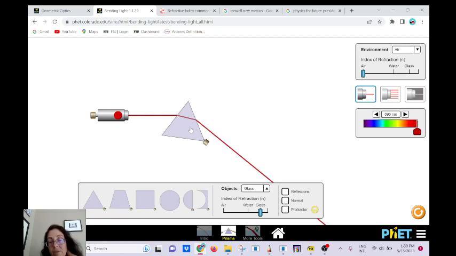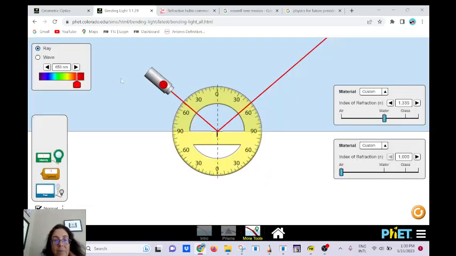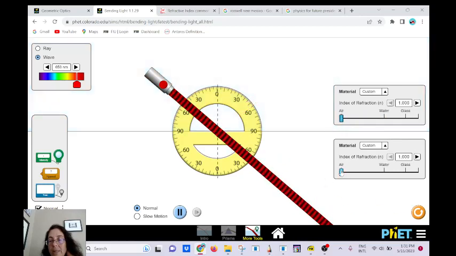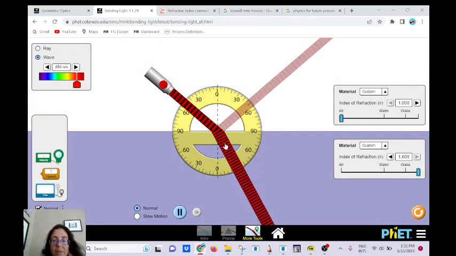So the index of refraction, the factor by which the speed is divided, depends on the wavelength. You can also see that here with waves. If you go from, for example, air to glass, you see the wavelength gets smaller. And if you take blue, the wavelength gets even smaller.